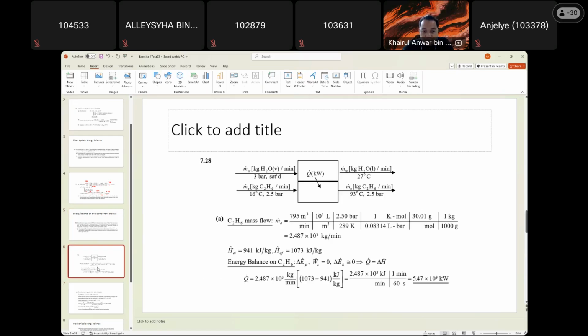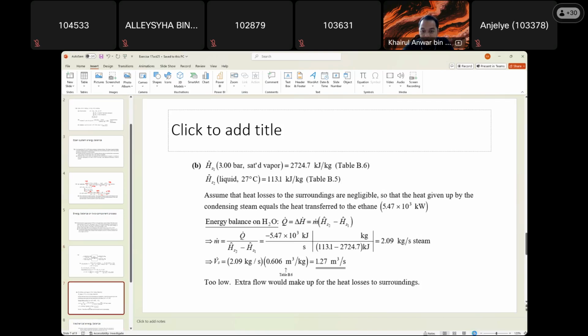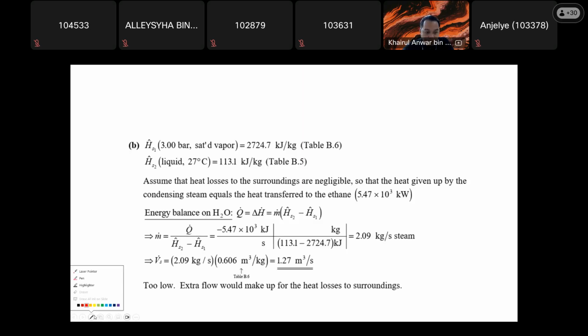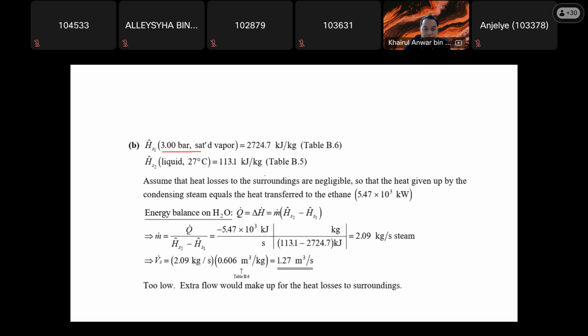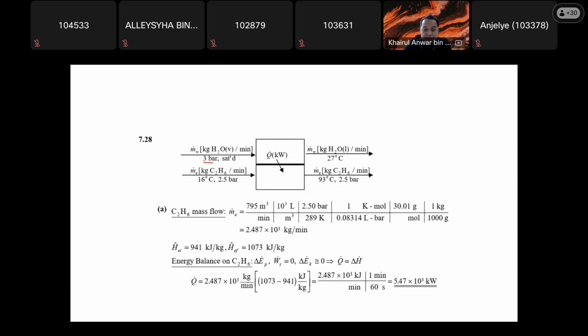So H is 1.3 bar saturated vapor. This refers to the inlet here. So the specific enthalpy for the inlet is 2724.26.